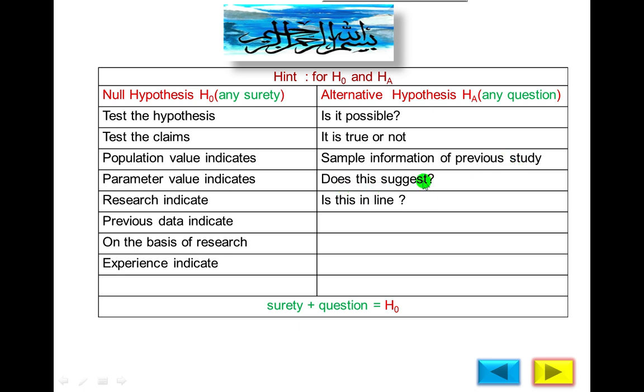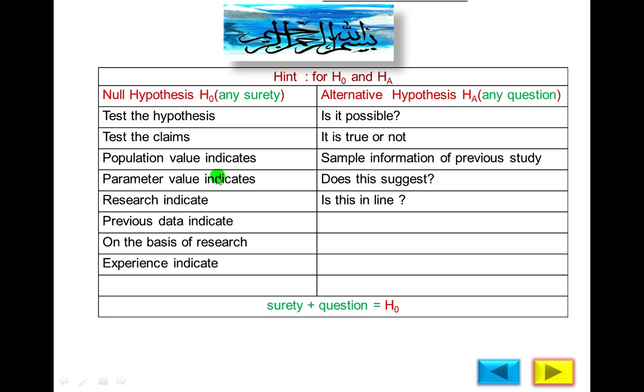Does this suggest, indicate or not, this is a question, is this in line? This is the question. So these words indicate question, not surety. So question or not surety indicates the alternate hypothesis.